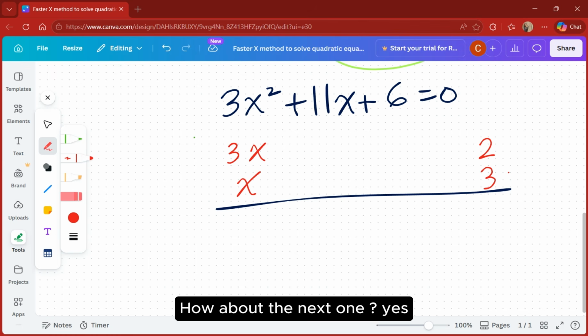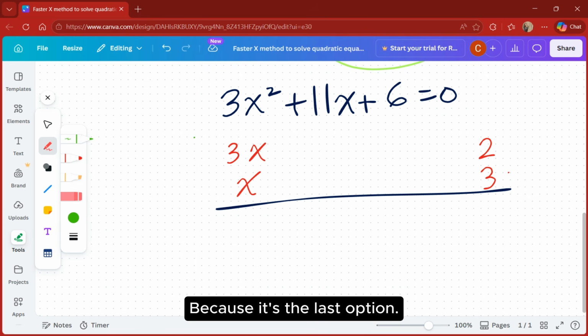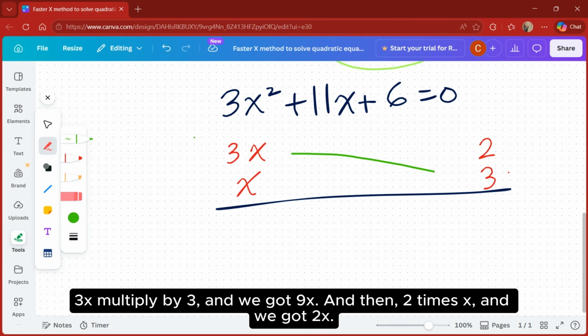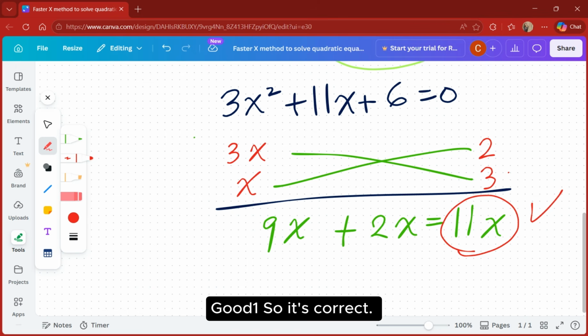How about the next one? Yes, the next one should be correct, right? Because it's the last option, but we still need to check. 3x multiplied by 3, we got 9x. And then 2 times x, we got 2x. Bingo, it's 11x. Good, so it's correct.